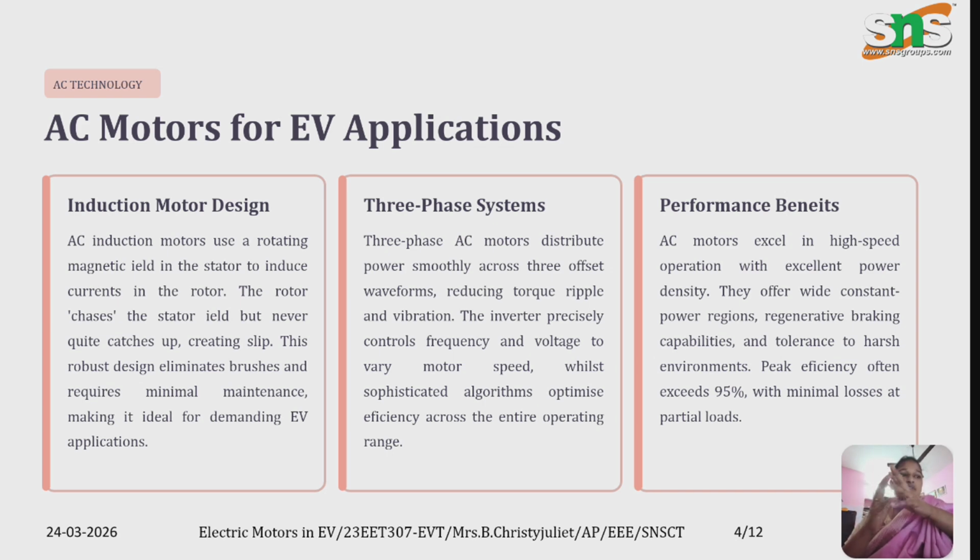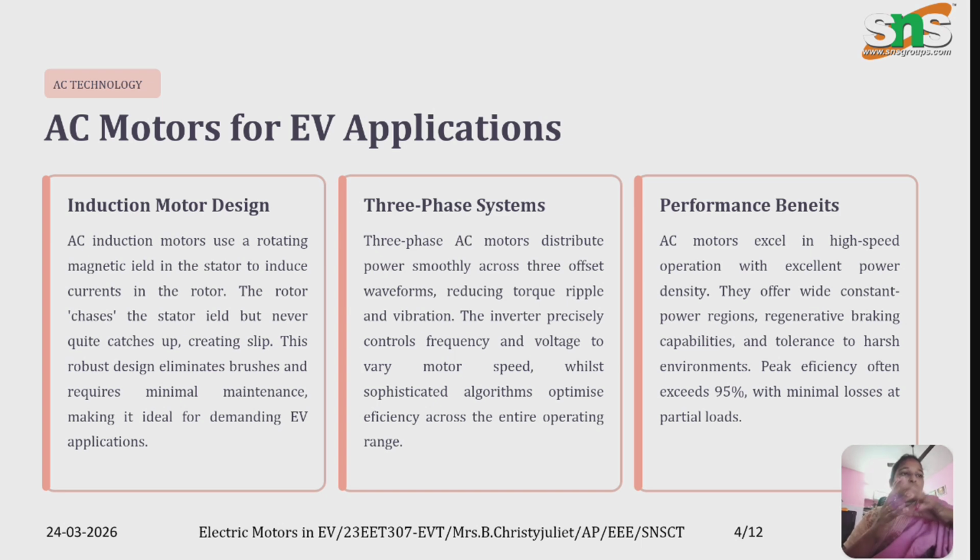Next, three-phase motors. These motors are very good in operation. They give smooth rotation and reduce vibrations. But the thing is that they require sophisticated algorithms to optimize the efficiency across the entire operating range.